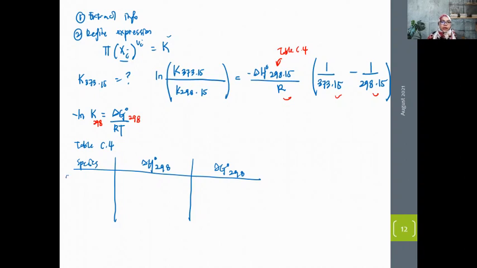We have acetic acid as the reactant, reacting with ethanol to produce ethyl acetate and also water. So from table C4, I just list these values.